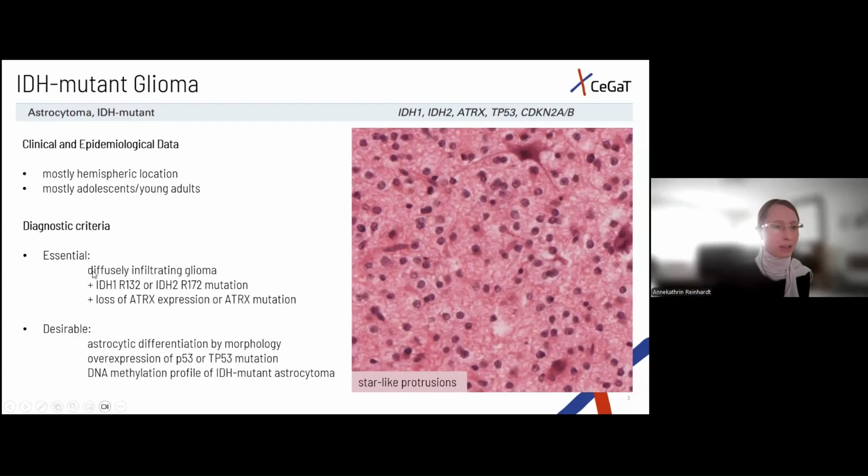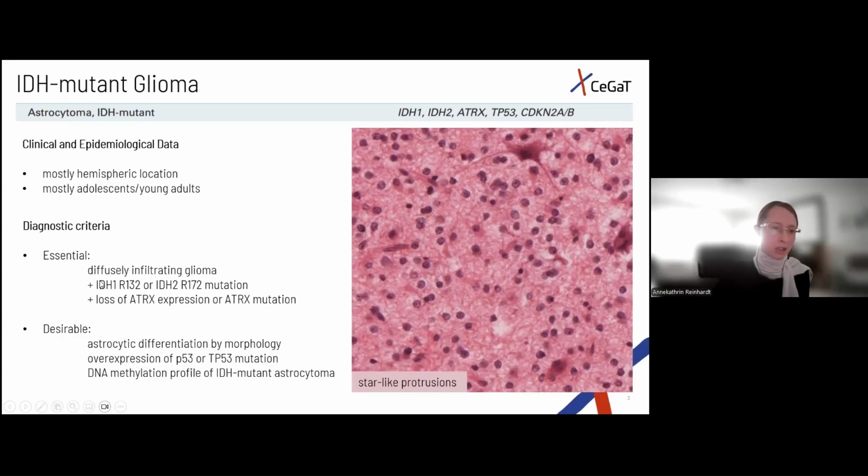As you see here, the essential criterion for IDH mutant astrocytoma is an IDH mutation. There are two IDH genes, IDH1 and IDH2, and two hotspots there, the R132 in IDH1 and the R172 in IDH2.